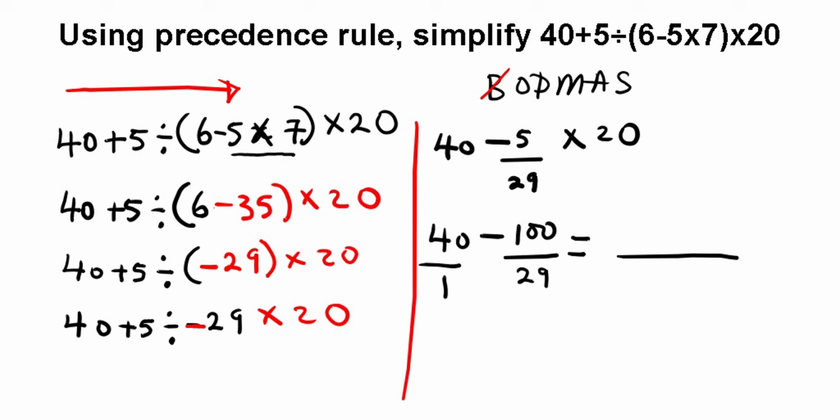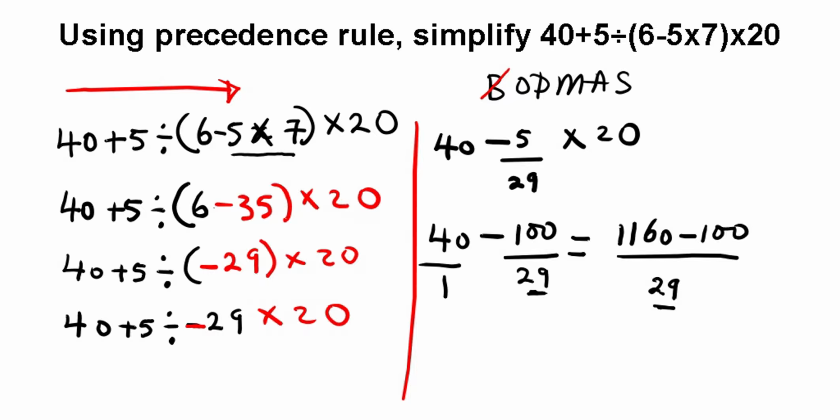Then taking the LCM, the LCM will become 29. Then 29 multiplied by 40, you are going to get 1,160. Then 29 going into 29, you're going to get 1. Then 1 multiplied by negative 100, we are going to have negative 100.